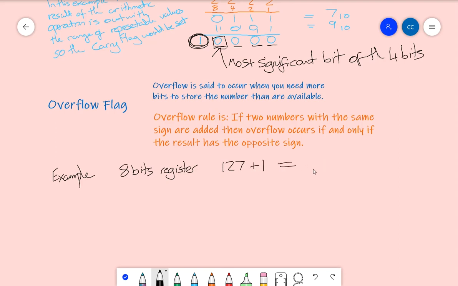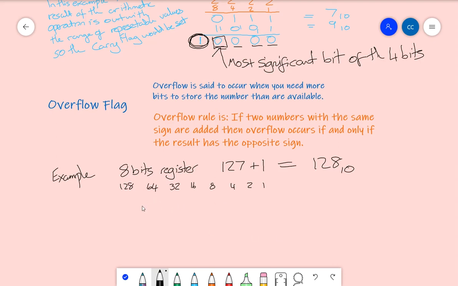And we know that that equals positive 128, doesn't it, in decimal. Now, what the CPU actually does, it will load the register with the bits. So the place value of each of the register bits would be 1, 2, 4, 8, 16, 32, 64 and 128.